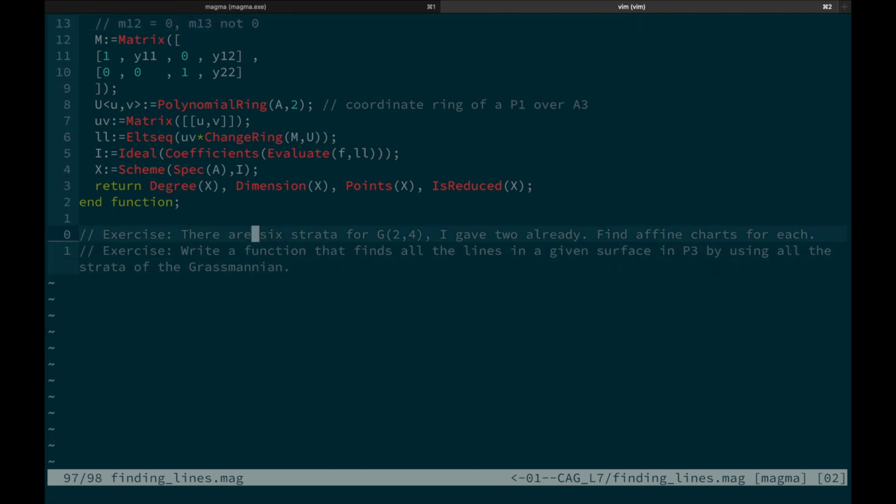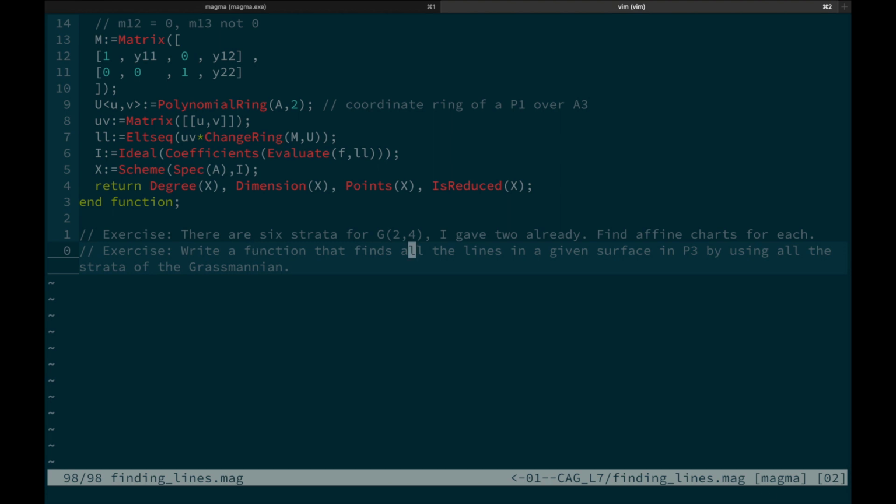And if you have these 6 parameterizations, 6 subsets of the Grassmannian, and search for lines inside of each of these 6 strata, then you can find all lines in a given surface. An exercise would be to write a function that finds all lines. Now you can do as I've done. For each strata, you can write down a function. By the way, finding all lines, maybe count all lines is simpler.